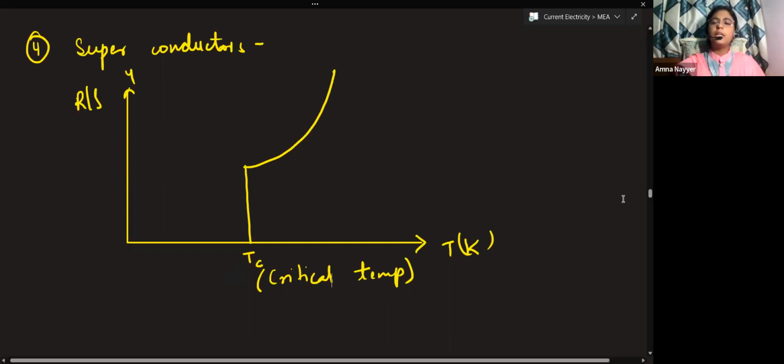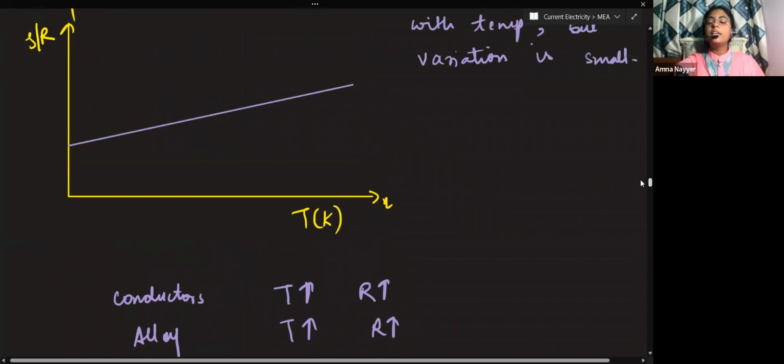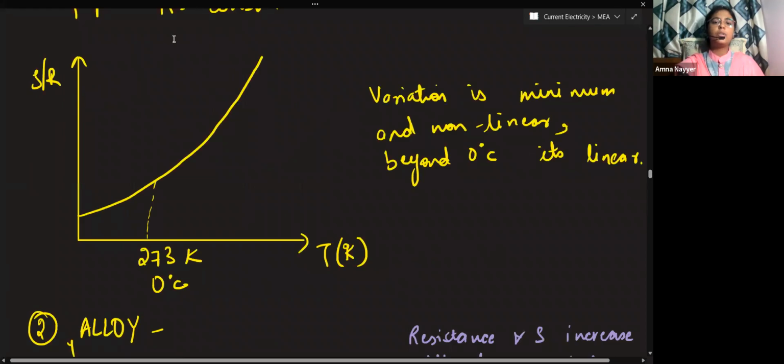These devices we'll learn in semiconductors. Right now you will only be dealing with the variation of resistance with temperature. All right, so first note it down.